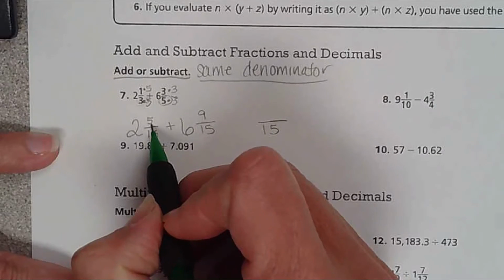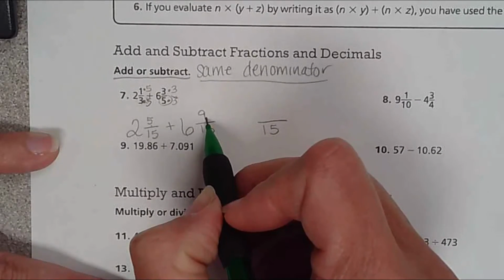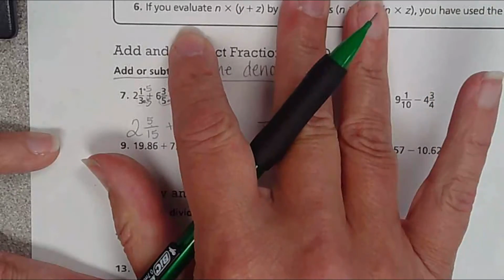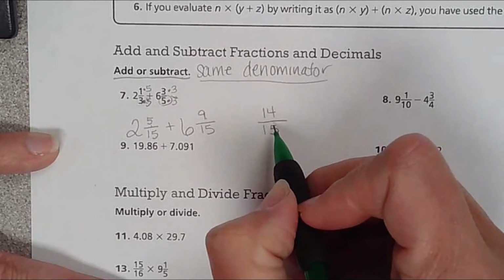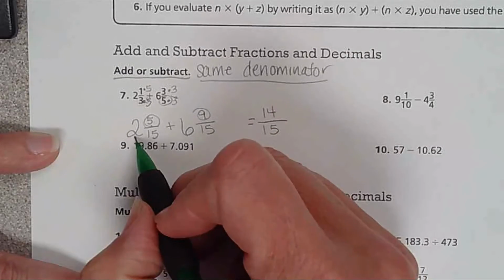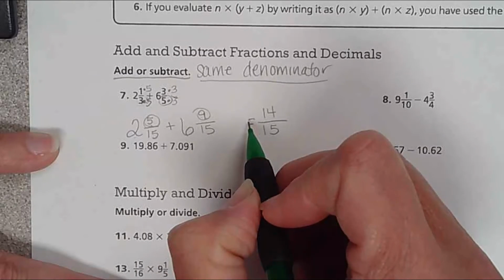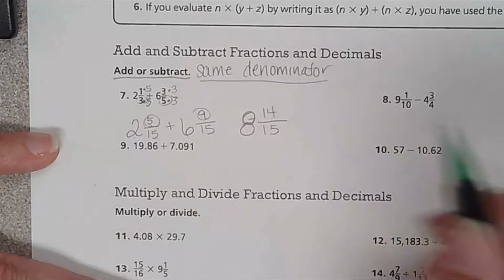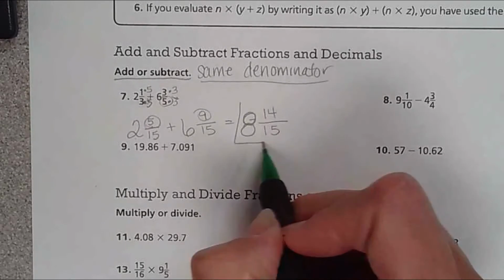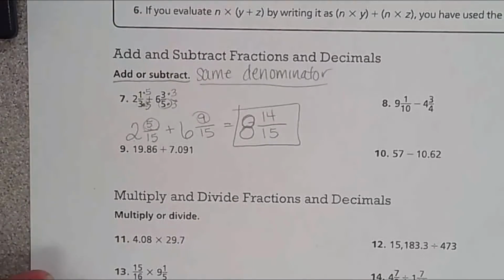I have 5 pieces, 9 pieces. So 5 plus 9, 9, 10, 11, 12, 13, 14. So 14 15ths. So that's how many I have, 14 15ths. And 2 plus 6 is 8. So final answer is 8 and 14 15ths.